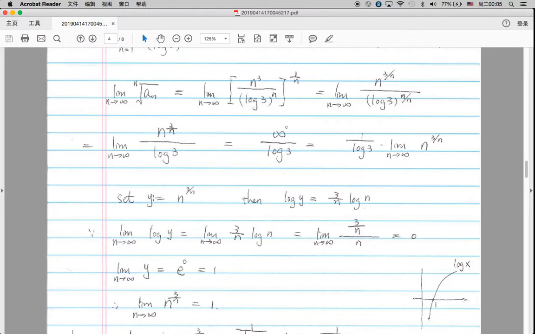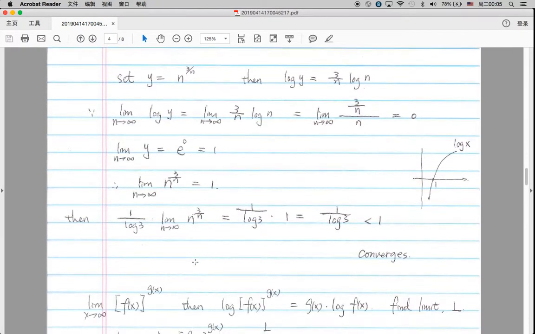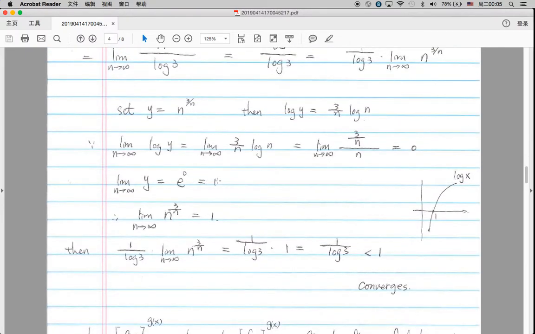We set y equal to n to the power of 3 divided by n, and then we take the log of both sides. We bring the power to the front, and now we take the limit as n approaches infinity of log y, and we find that the limit becomes 0. Since log y has a limit of 0, we need to transfer back to the limit of y itself. So y is the exponential of 0, which gives us 1. The limit of log y is 0, but the limit of y itself is actually 1.